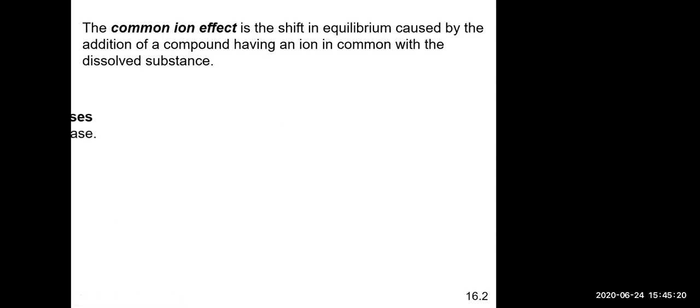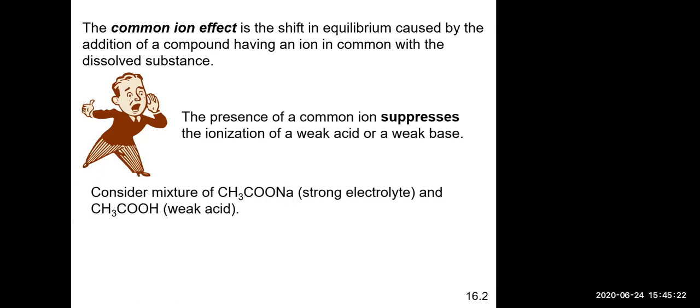So let's start talking first off about the idea of what is known as the common ion effect. The common ion effect is pretty much what the name implies. It implies that we have a solution that within that solution, there is an ion that's in common. So what is it in common with?